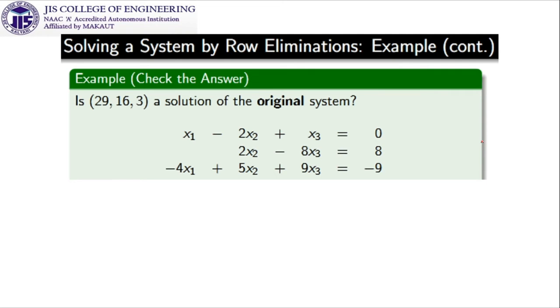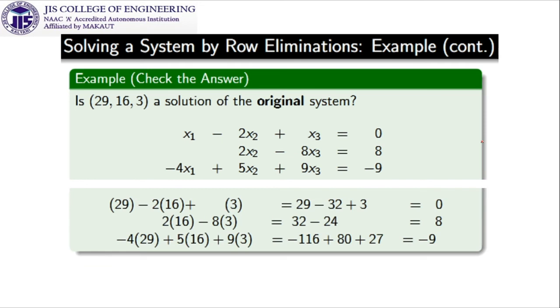At least for some initial practice problems, please do this, so it will boost up your confidence, as well as make it clear whether there is any error in the intermediate calculation or not. So this is the initial system where we started, and we are substituting this, and we are getting 0, 8 and -9 for the first equation, second equation and the third equation.